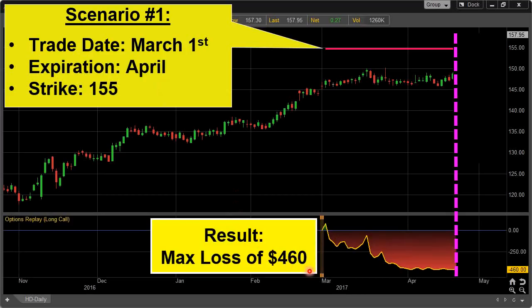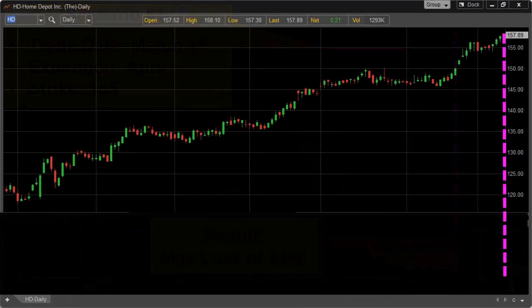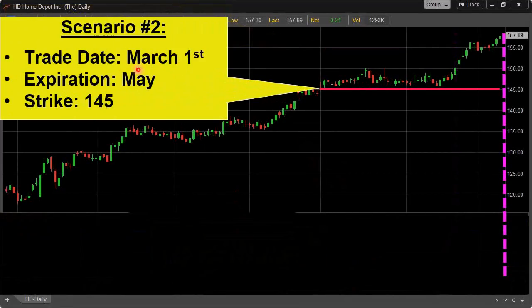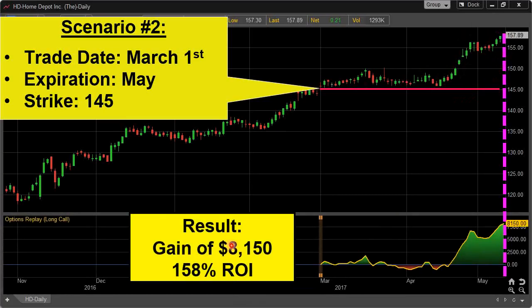Death by paper cuts. But let's do the trade again, but this time we're going to do an expiration that's further away. This time May, and we're going to choose a strike price that is closer to where the stock's price is. This time, we gave the stock enough time to be right. This end result was an $8,000 gain.